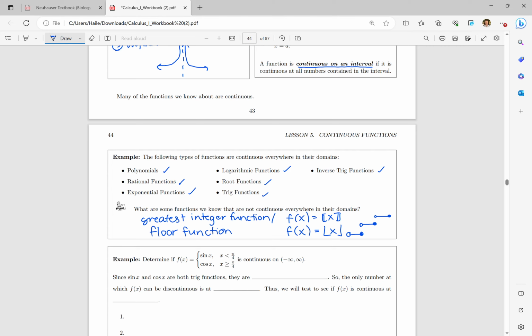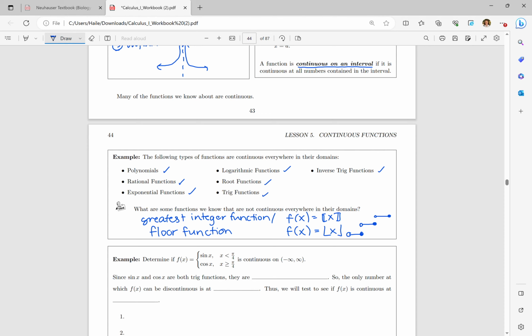It's one of those where you plug in a number and you round it down to the nearest integer. Actually, that means it would go the other way, I think. Okay, no, the way I drew it should be fine.